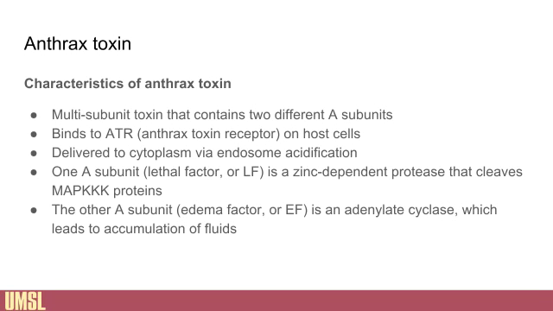It binds to a particular receptor, uncreatively called anthrax toxin receptor, on host cells. At least the last time I checked, we don't really know what this receptor does, but anthrax toxin likes to bind to it.